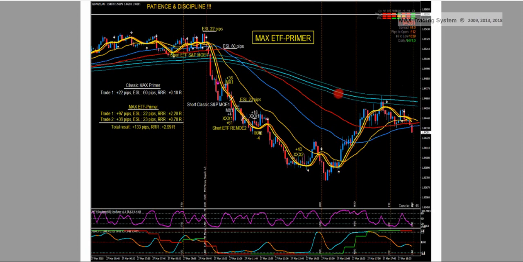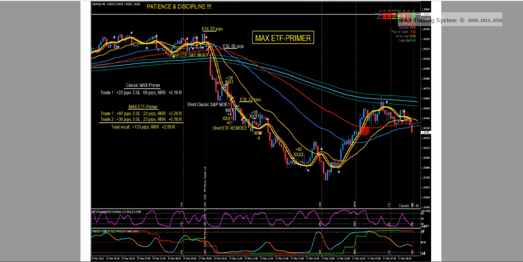It's a 233 exponential moving average, and we have a smaller one. And in the classic MAX, a trend is a movement on one side of that home base. When the price is below the home base, we look for downtrend and we look for short trades. When the price evolves above the home base, we look for uptrend and we look for long trades.